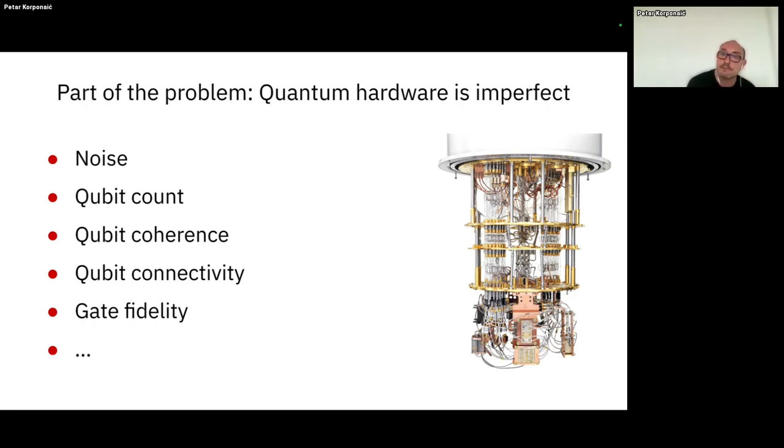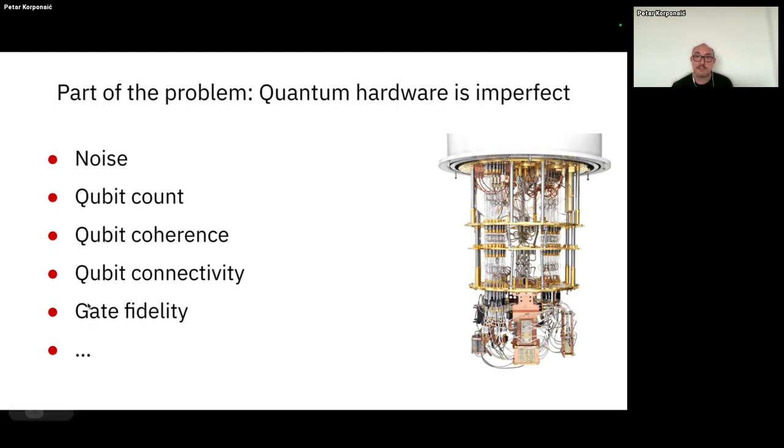We are struggling with qubit count. A qubit is the basic unit of quantum computation. So we are struggling to improve all these parameters: to reduce noise, to make more qubits, to make qubits live longer, to have interconnectivity between qubits, to have fidelity of programs that execute on a quantum computer, and so on.